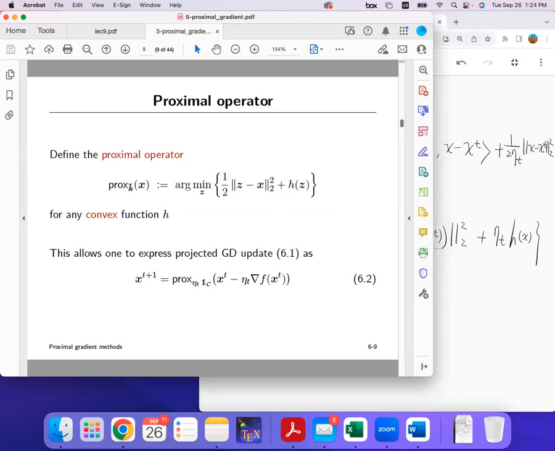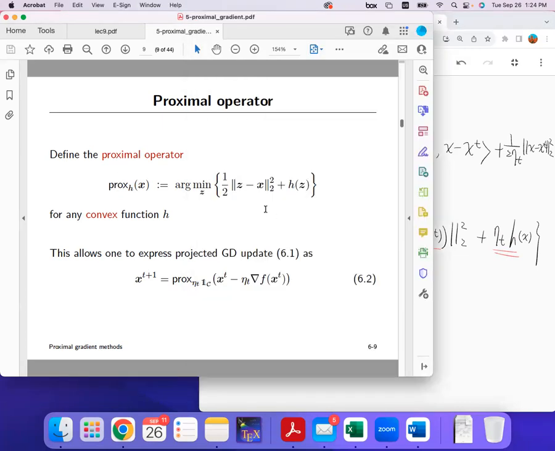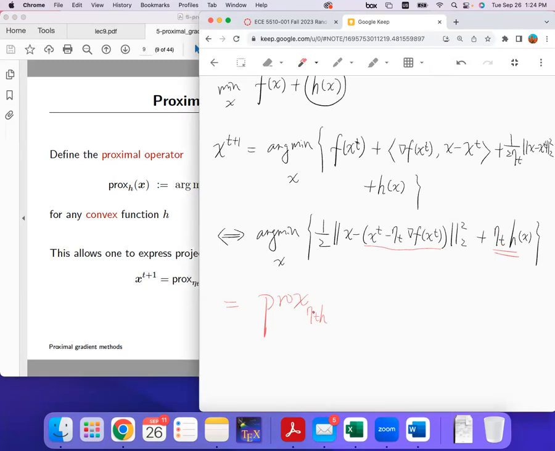In our case, the function is eta t times H. So here we have eta t times H in the subscript.